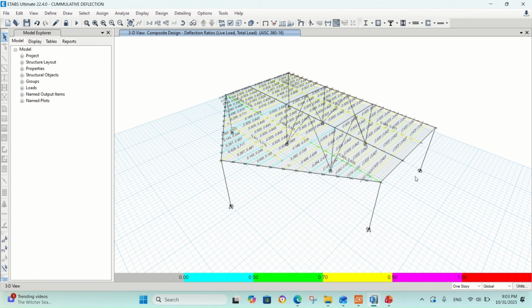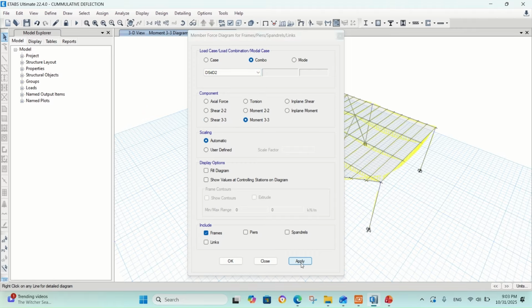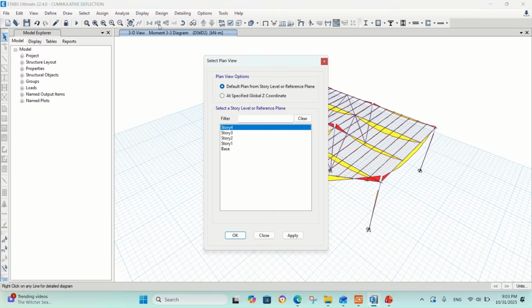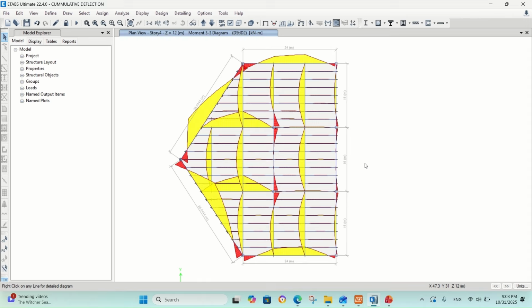However, for the main beams, we simply go and check the deflection through the moment 33. And we will go and check the deflection for each member to ensure that this member is not deflected more than the allowable limit.